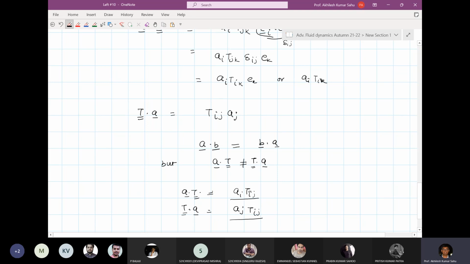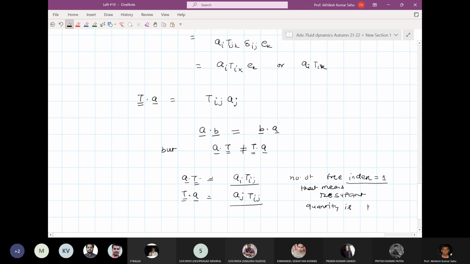See, in this quantity, a_i T_ij, the number of free index is what? Is 1, right? That means the resultant quantity is a first order tensor.